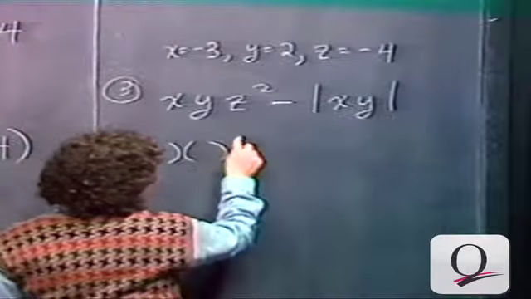Minus 6 times plus 16 will be minus 96. 16 times 6 is 96. Take away the absolute value of minus 6, which is plus 6. So we have minus 96, take away a plus 6, or minus 96 and a minus 6, for an answer of minus 102.